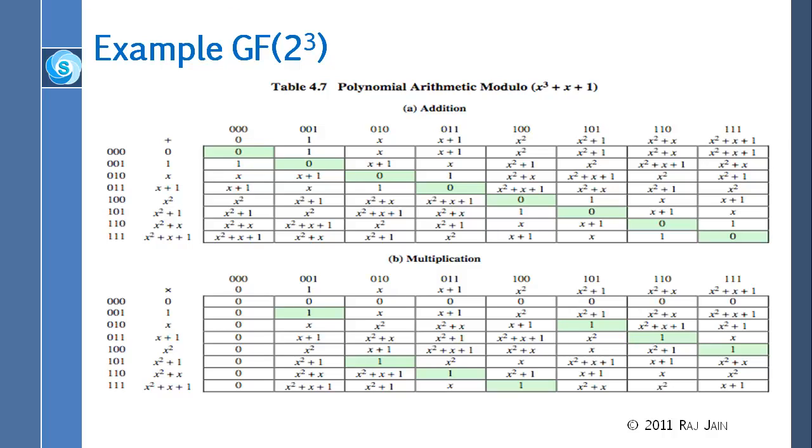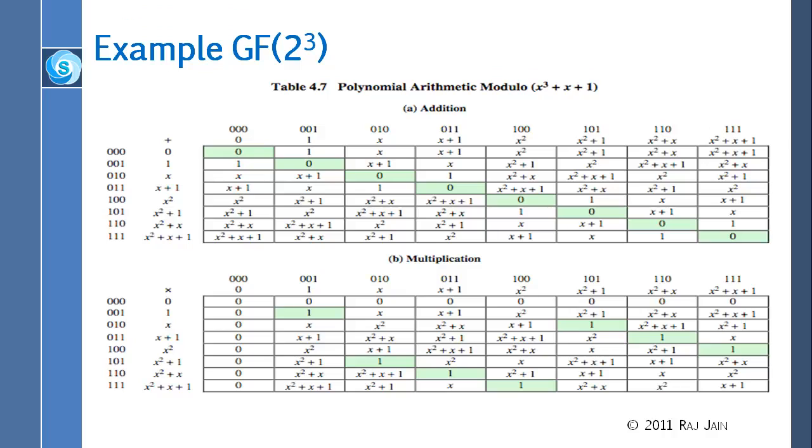Good so far? Now this is more than 3, so we start subtracting. Basically, you could just divide it by x raised to 3 plus x plus 1. When you divide by long division, you take x and you get x raised to 4 plus x squared plus x.